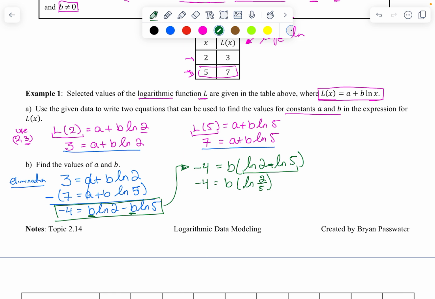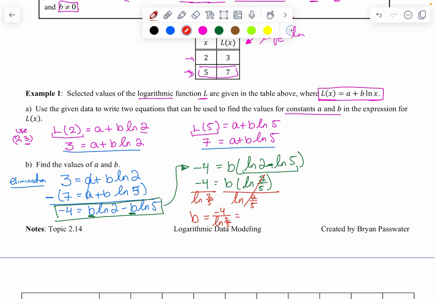It is a numerical value, just not one that can easily be found. So now when we solve for b, the last step is going to be to divide by this number, ln of 2/5. Divide by ln of 2/5. So that's gone. And so now we have b is equivalent to -4 over ln of 2/5.